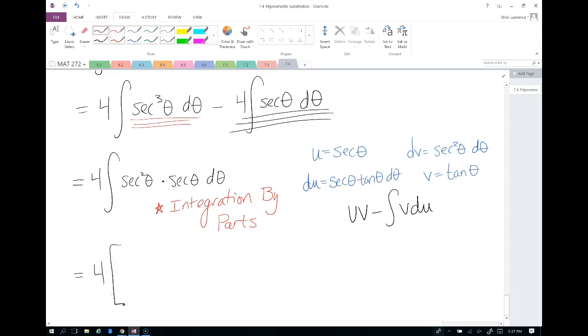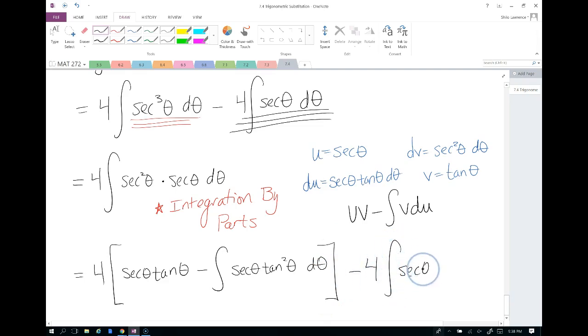So if I do u times v, I get secant theta tangent theta minus the integral of v du. That's going to be secant theta tan squared theta. And then we also have this minus 4 integral of secant theta.